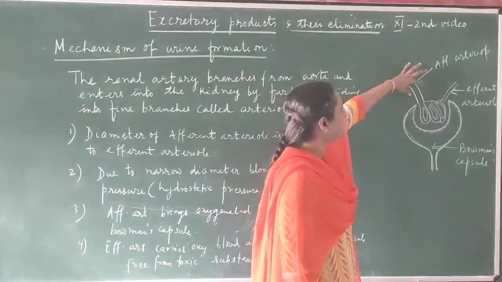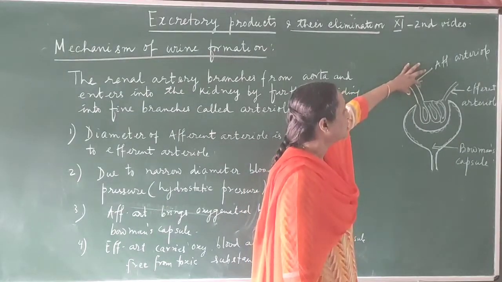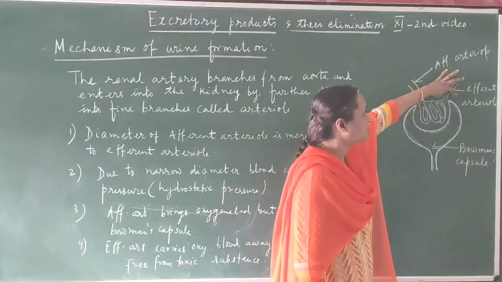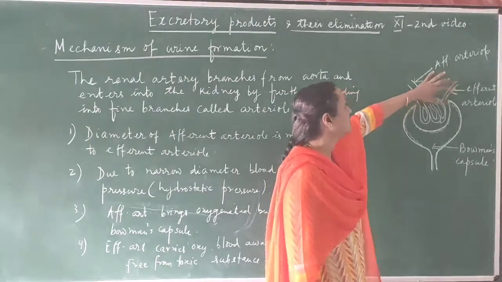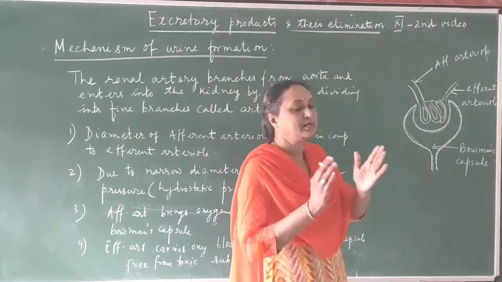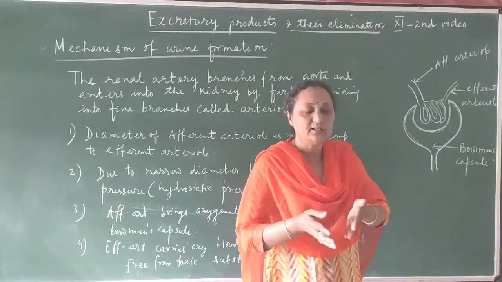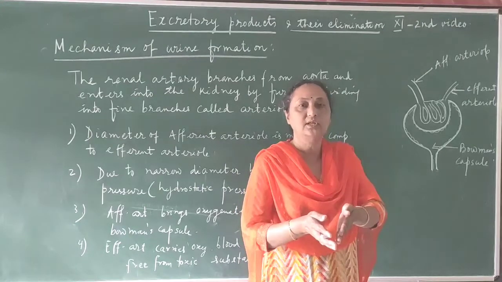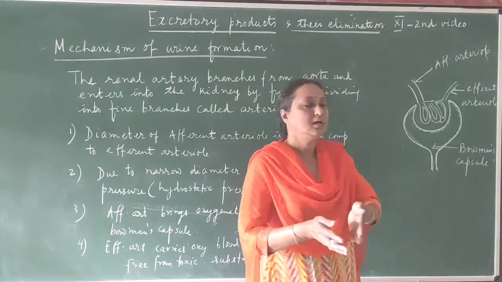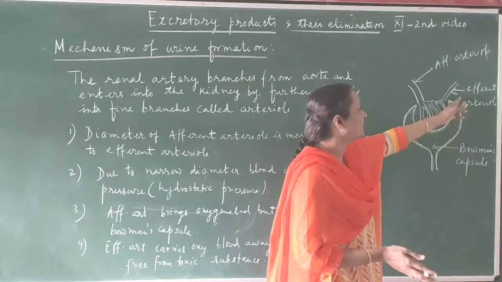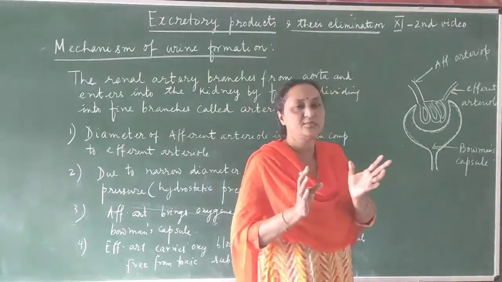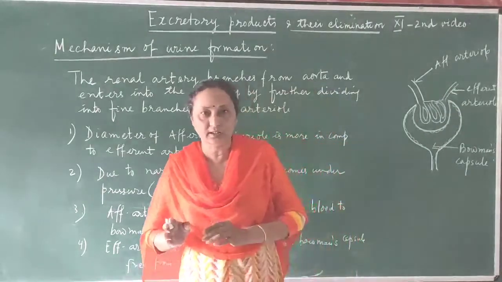The diameter of the afferent arteriole is 2 times broader than the diameter of the efferent arteriole. When it enters the Bowman's capsule it suddenly becomes narrow, and its diameter becomes 2 times less. So that is the difference between the afferent and the efferent arteriole.